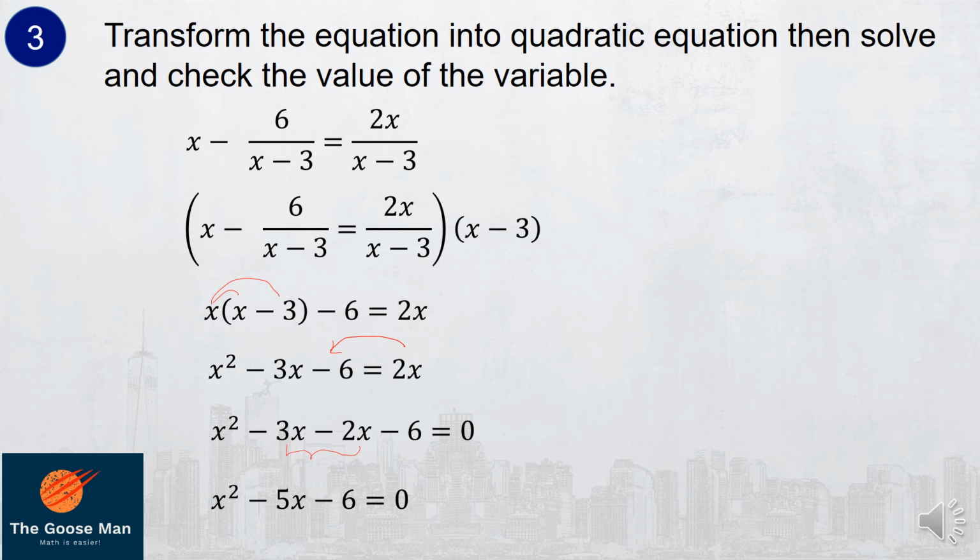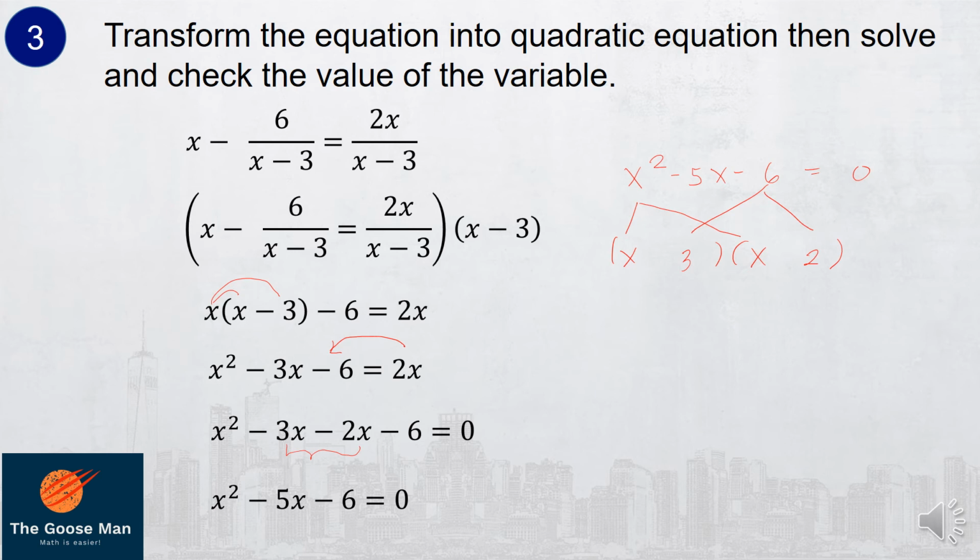Recall, I'll factor x squared - 5x - 6 = 0. I'll factor first x squared, so it will become x and x. The next objective is to factor 6. The possible factors of 6 are 3 and 2. But the last term, or the product, is negative, so one of these factors, 3 and 2, will be positive and the other one is negative.